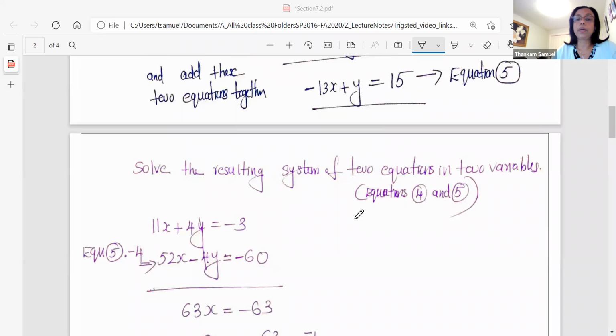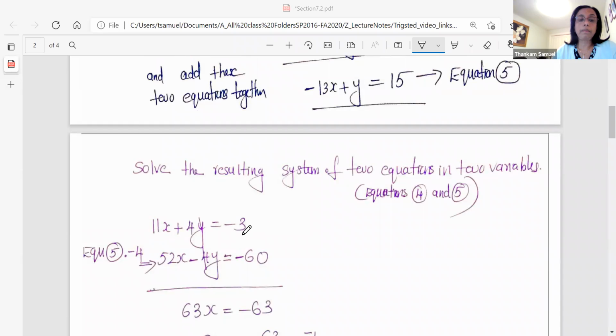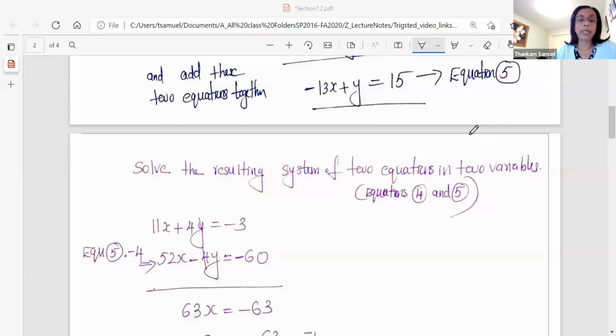So let's take these two equations together. 11x plus 4y equals -3. So we have to eliminate one variable from these two equations. So let's eliminate y. In order to eliminate y, we have to make the coefficient of this equation as -4. So multiply the fifth equation by -4.